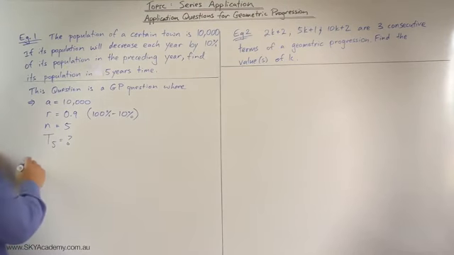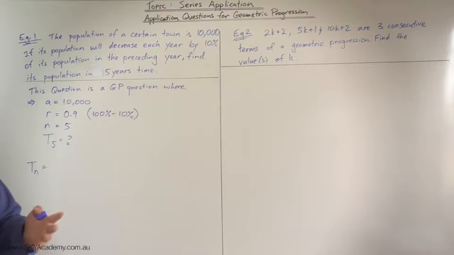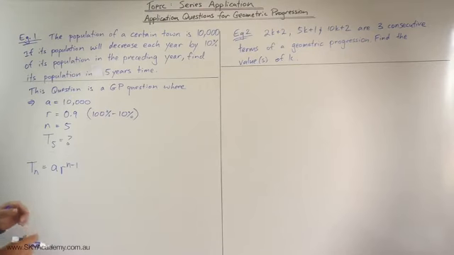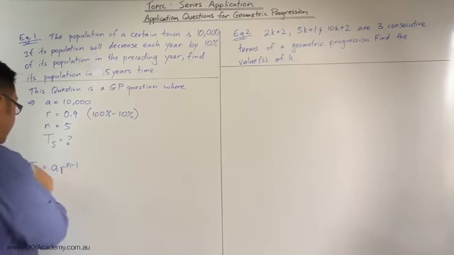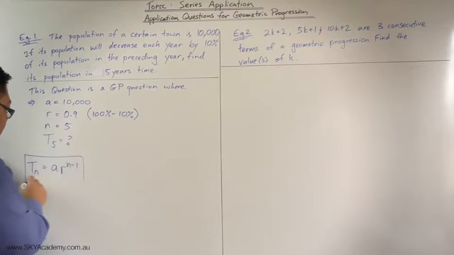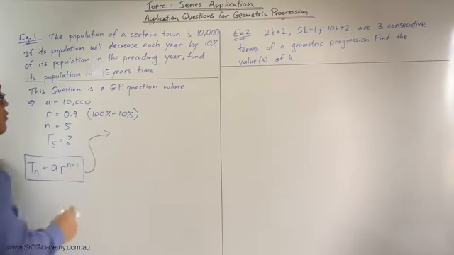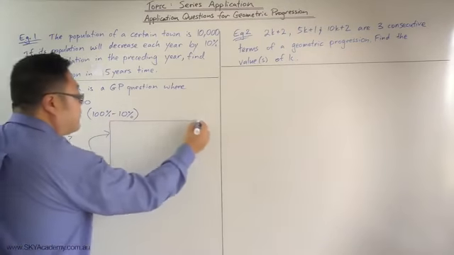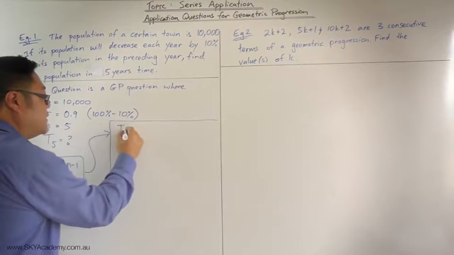We also know that the formula for the nth term of a geometric progression is Tn equals a times r to the power of n minus 1. Let's work that out over here. I'm going to put a little box around that. What we're looking for is T5.